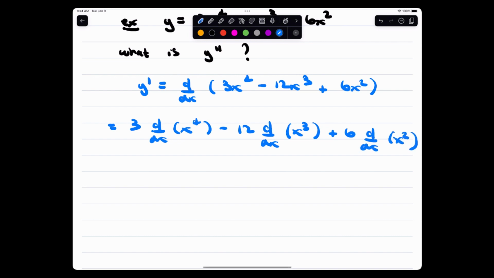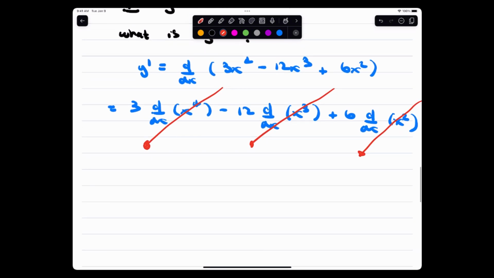Differentiate x squared. Okay. Now, what do you guys think I do for the derivative of x to the fourth? What's that derivative? Isn't that 4x cubed? Don't we use power rule here? What about x cubed? Isn't that what? Okay, and then x squared, that's what? 2x.